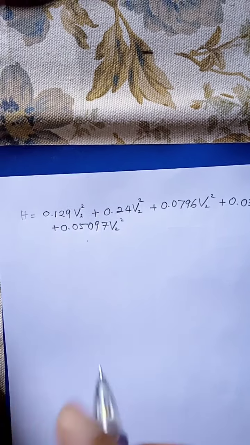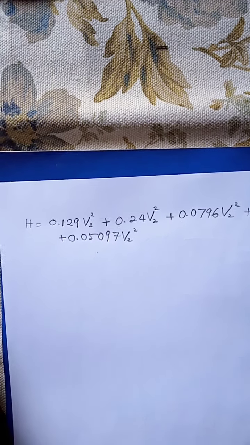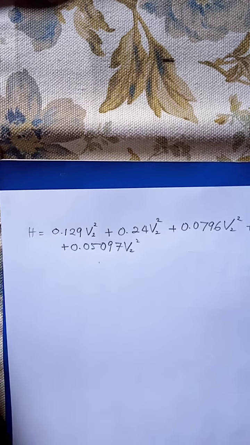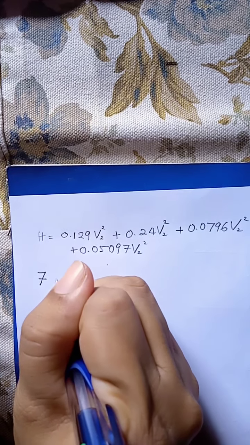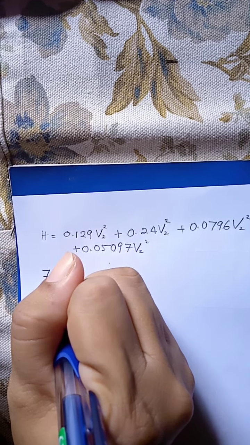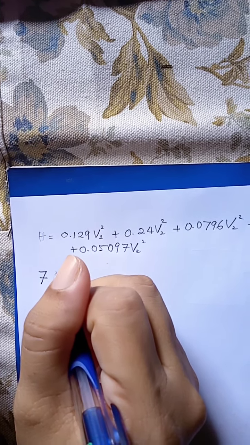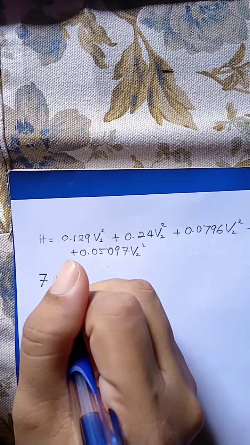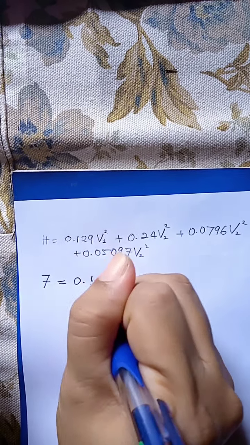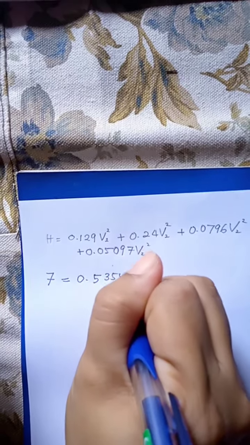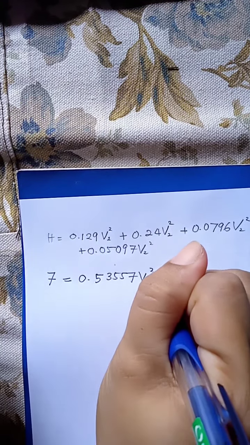We know Z1 minus Z2 is equal to 7. So 7 is equal to 0.53557 V2 squared.